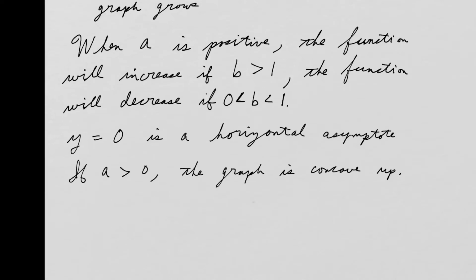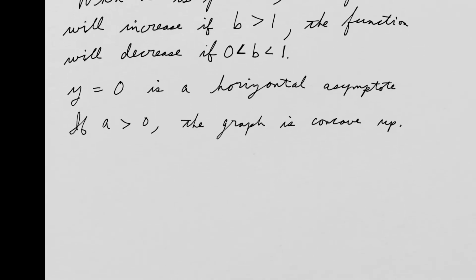And if a is less than 0, so if a is negative, the graph is going to be concave down. In that case, it's like a vertical flipping of the function about the x-axis.